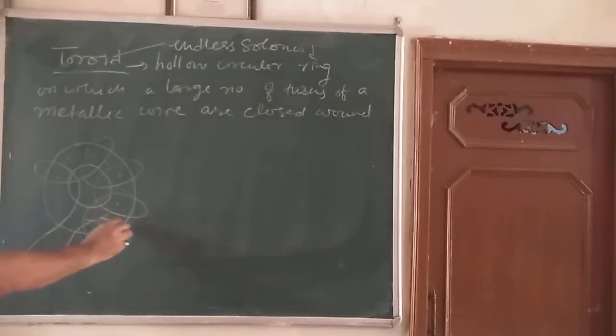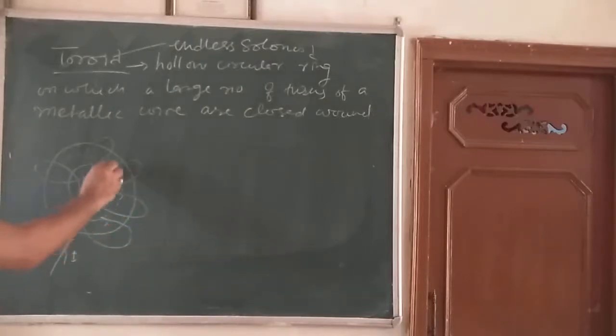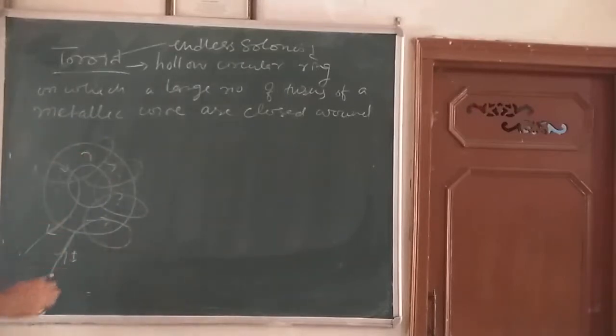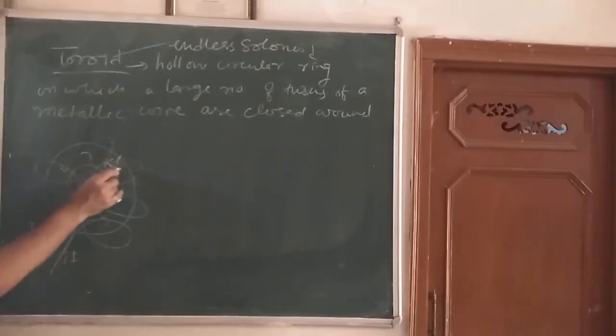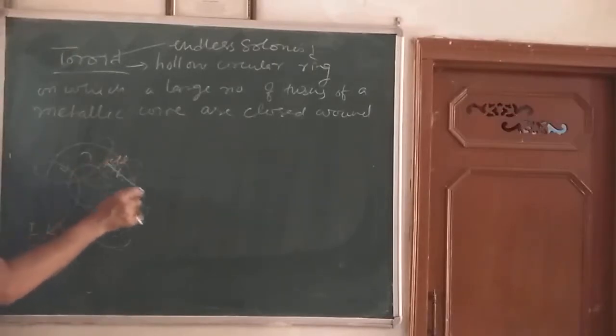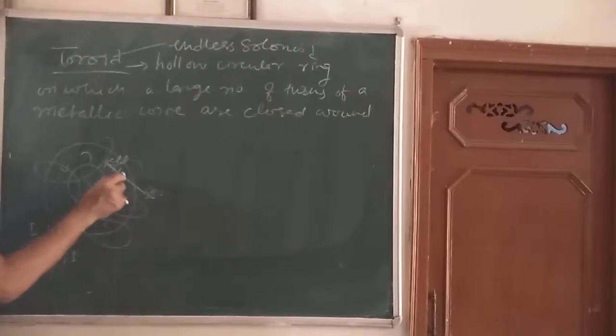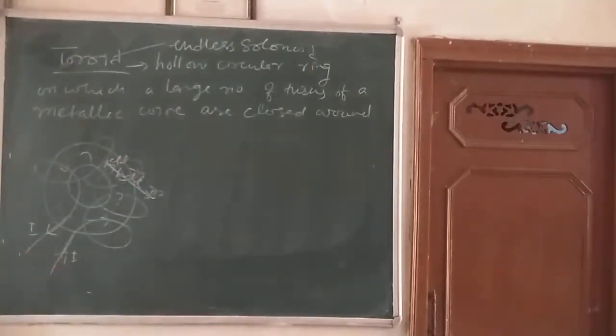A current is flowing in this manner, entering from here and leaving from here. On the axis of this toroid, due to this current, if I take a small element of length dl, the direction of dl and the magnetic field here are both the same.